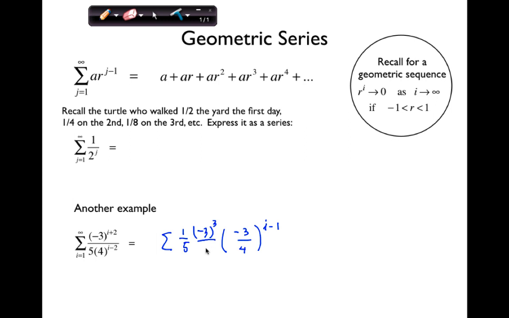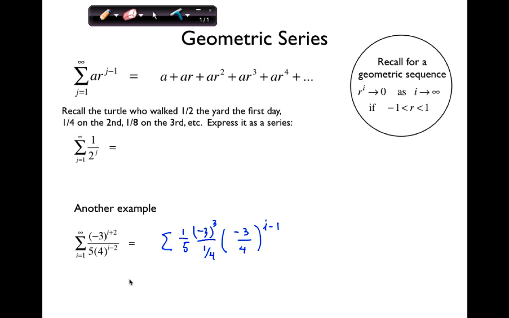In the denominator I could divide out a 4, or in the numerator multiply by a 4. So I'm going to do 1/4. So I had i minus 1; when I divide by a 4, now I'll have i minus 2. That's what I need. So does it make sense what I'm doing here?